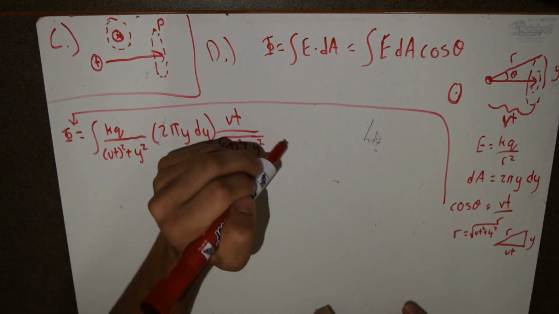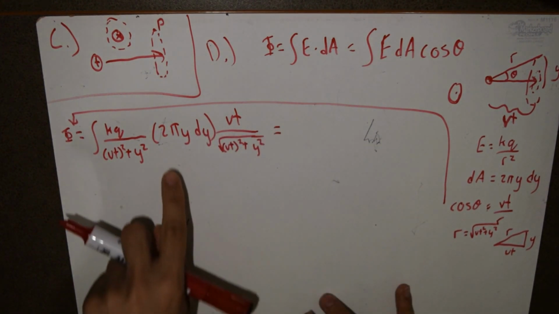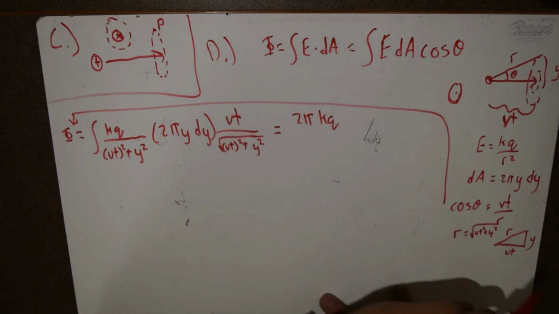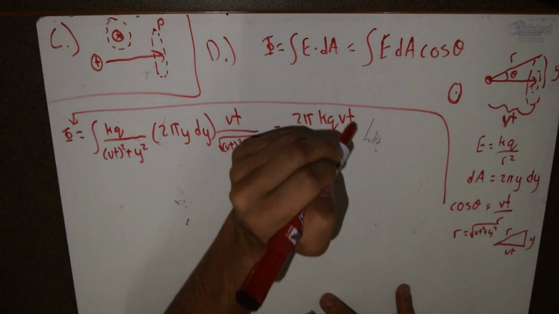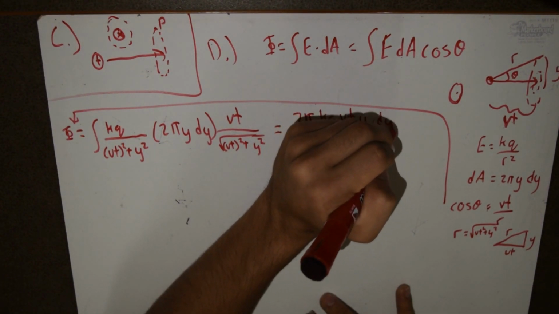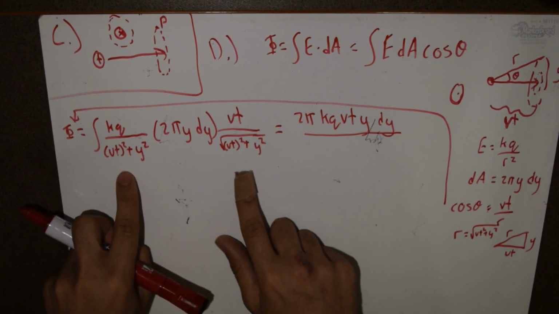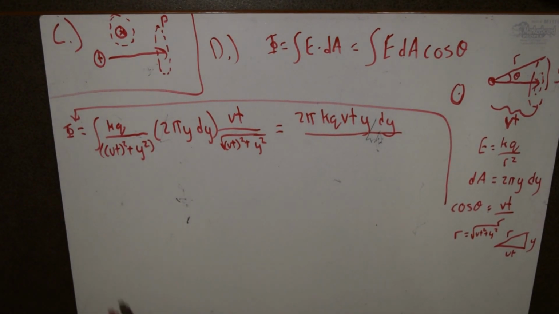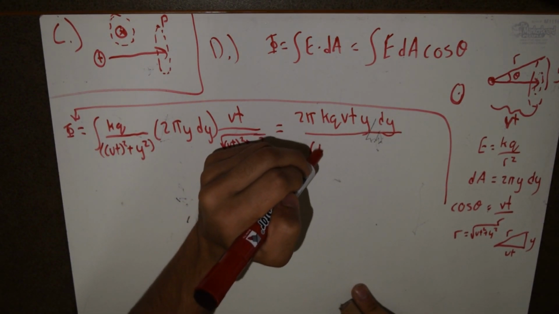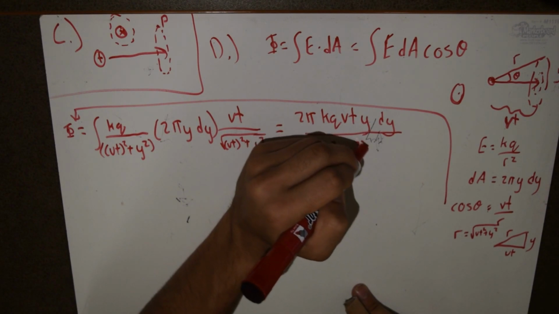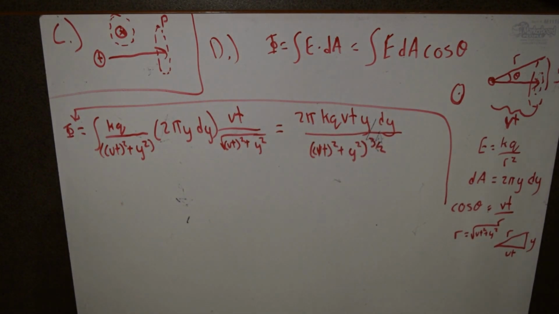So I'm going to rewrite this again, which is going to be 2 pi kq vt times y dy over, our denominators are the same number, so we can combine those and add the exponents, which gives us vt squared plus y squared to the 3/2.